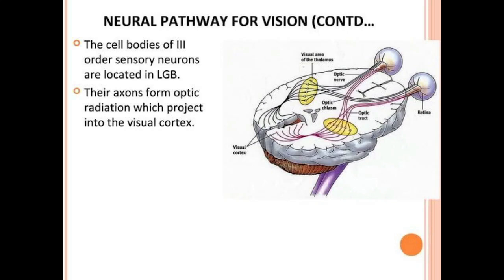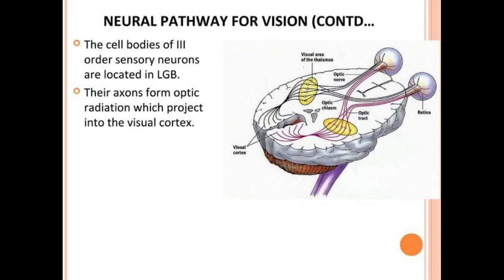The axons form the optic radiation, also known as the geniculocalcarine tract, and project into the primary visual cortex, which is located in the occipital lobe of the brain. These axons carry visual information from the eyes to the visual cortex, where it is processed and interpreted to form our perception of the visual world.